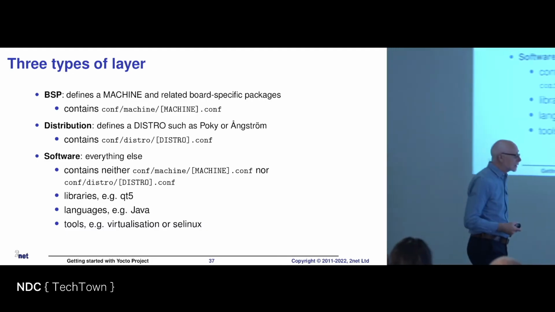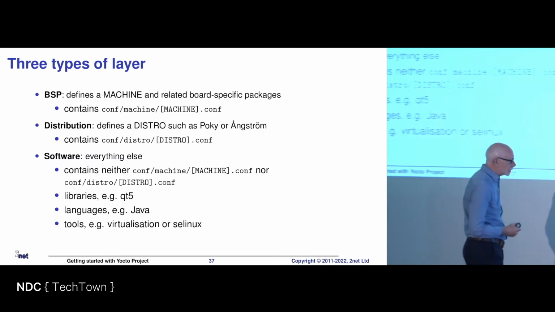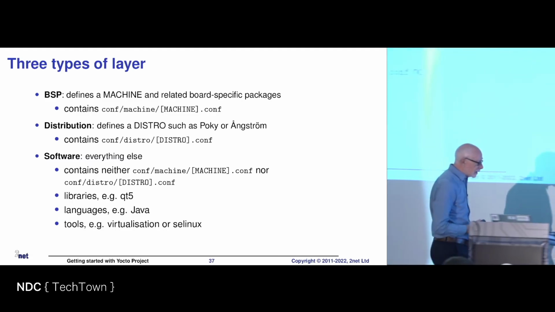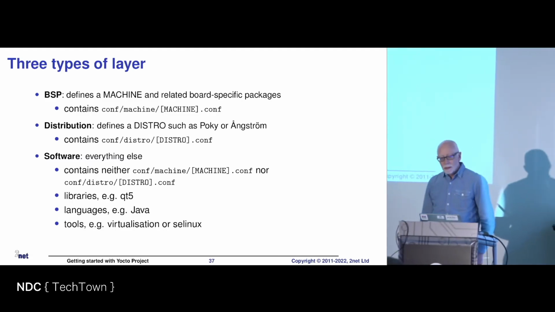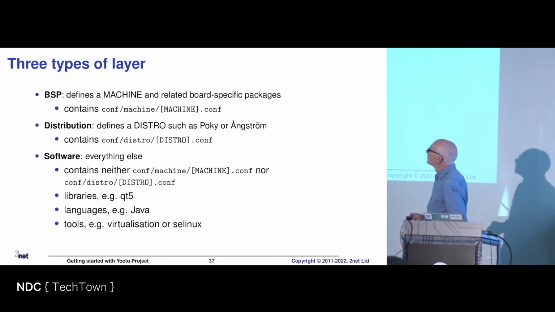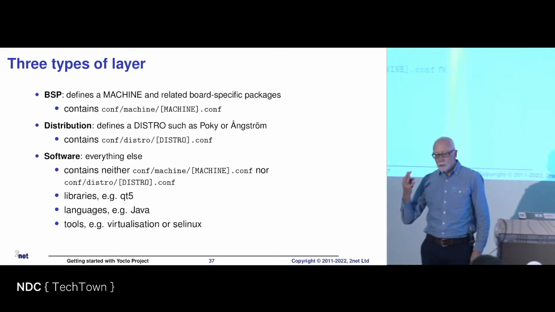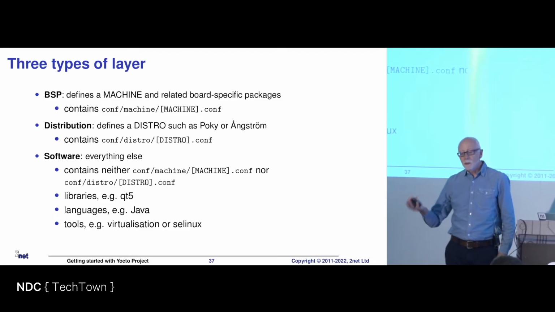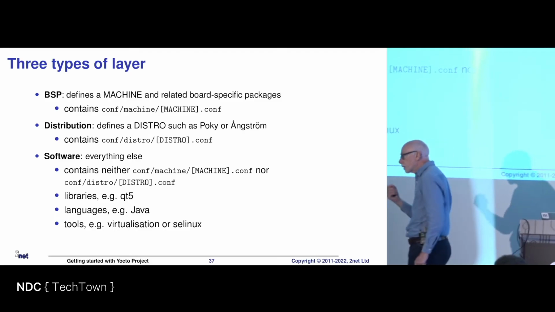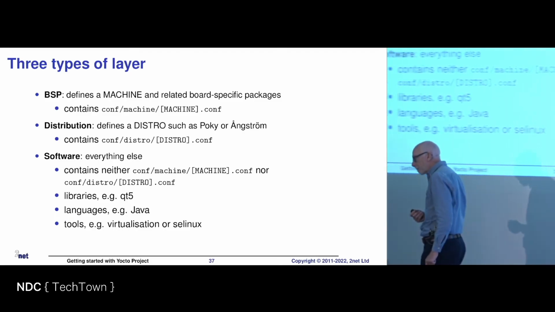We can characterize layers into three basic types. There's BSPs, there's distros, and there's everything else. So the first bunch then, the BSPs. BSP stands for Board Support Package. So this contains the components, the recipes needed to build Yocto for your particular hardware.